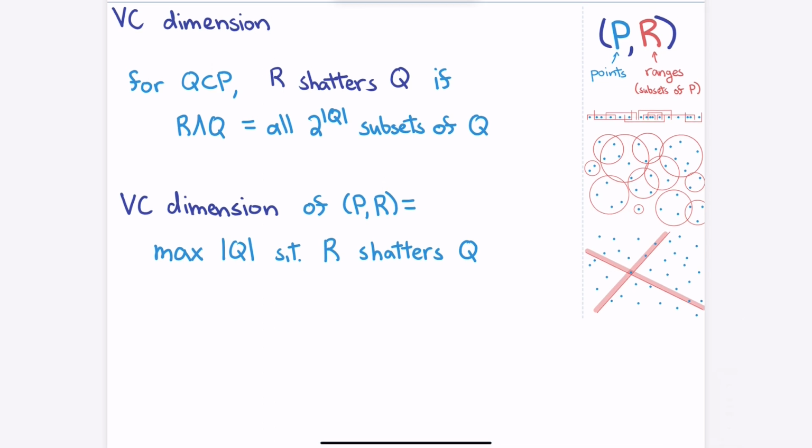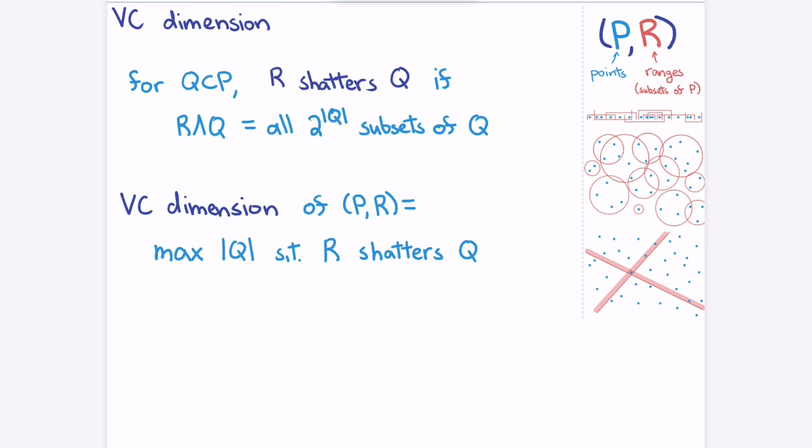Okay, so VC dimension is about shattering. So if I have some set of points and I have my range space, I'll say that the ranges can shatter the point set if it can induce every possible subset, if it really hits that worst case. Okay, so again, this R intersection Q is sort of projecting R onto Q. So it's all of the intersections of a range in R onto Q. And so if that recovers all subsets, then we say it shatters it.